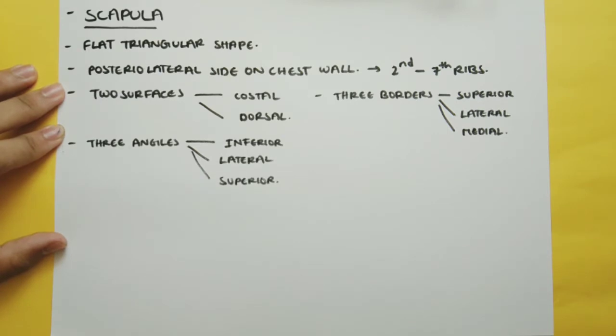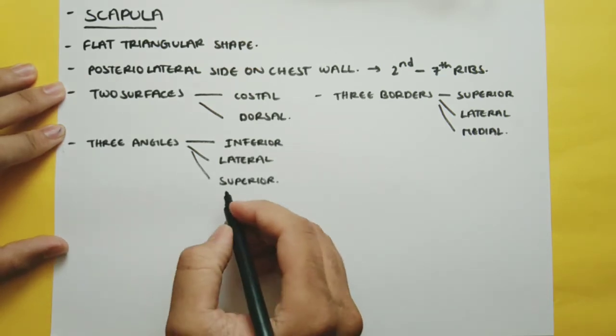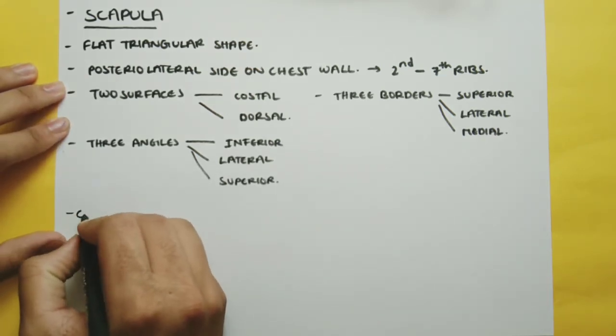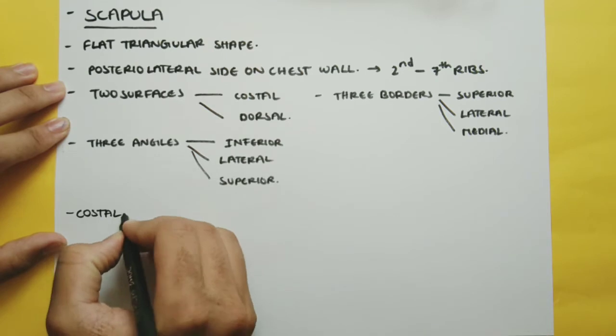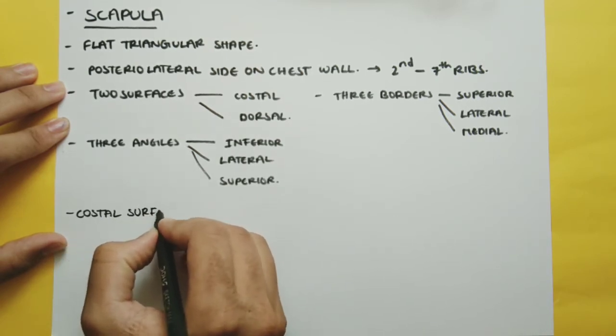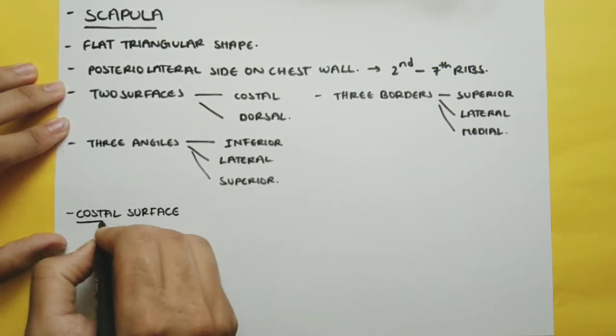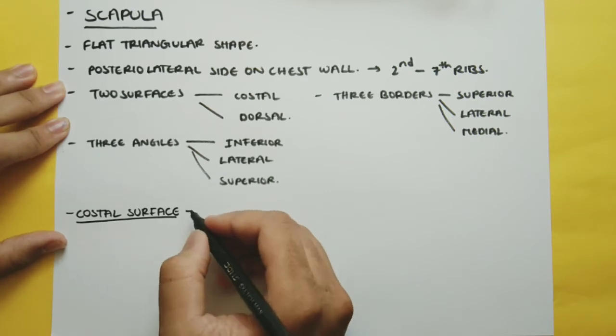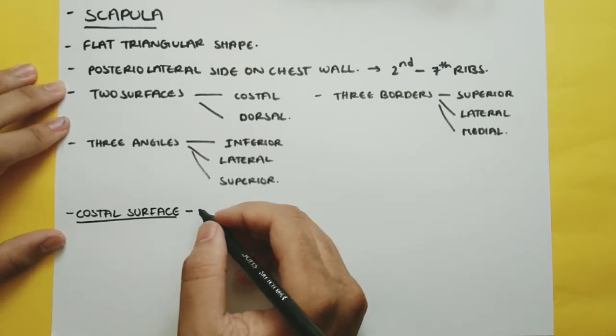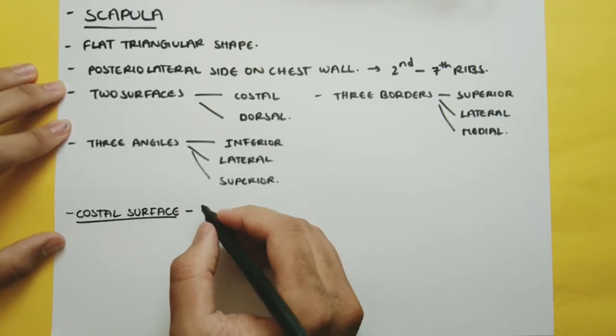Now let us talk about surfaces, borders, angles in detail, starting first with surfaces. Costal surface. The costal surface of scapula faces the ribs.